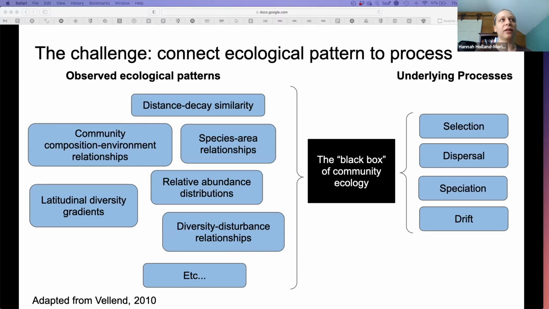And so he talked to some population geneticist colleagues and came up with this very parallel way of thinking about community ecology to what population geneticists were thinking about for population biology. And so his idea is that community assembly is controlled by these four processes: selection, dispersal, speciation, and drift.